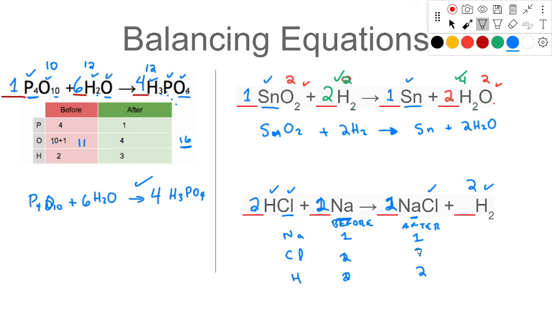So that means I've got to have 2 of these, and that's going to change my sodium number here to 2. So this has got to be 2. If the table way works better for you, fine, but you just want to make sure that you're not making atoms out of nothing, right? You can't do that. It's got to be there at the beginning and at the end to work out.